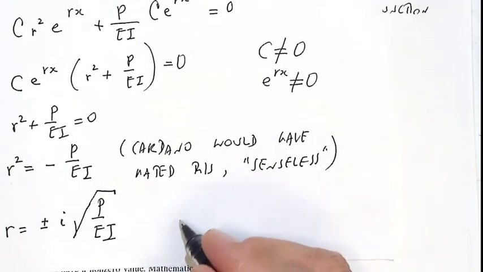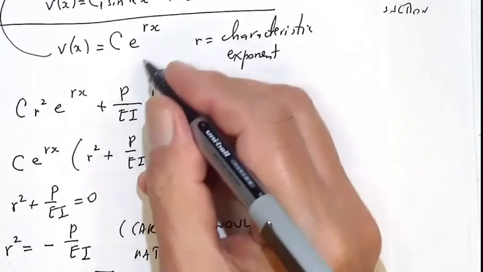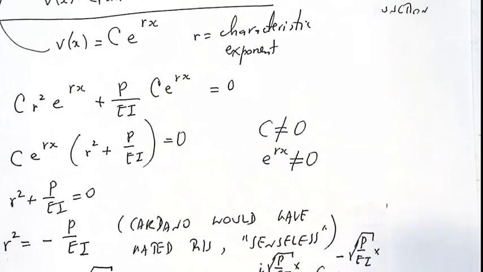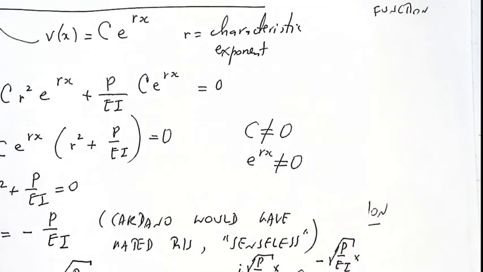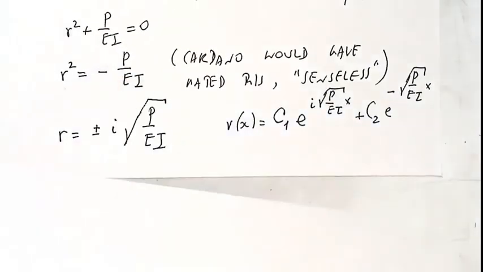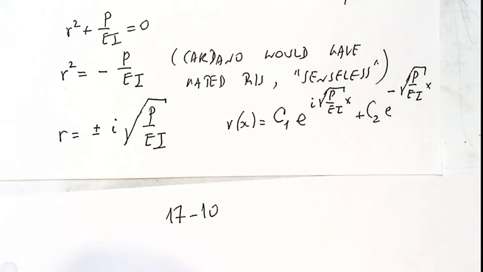Okay, so then v of x equals c1 e in power plus i square root of p over EI x plus c2 e in power minus i square root of p over EI x. So then we get v of x equals c1.